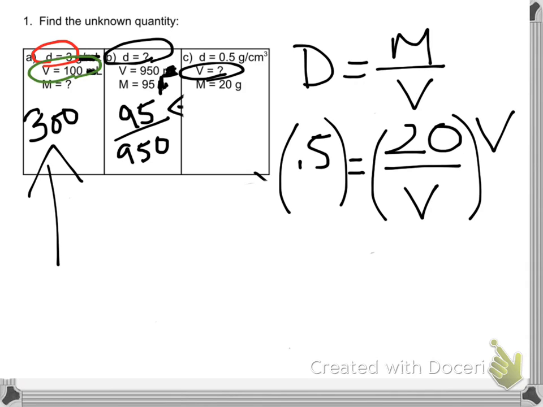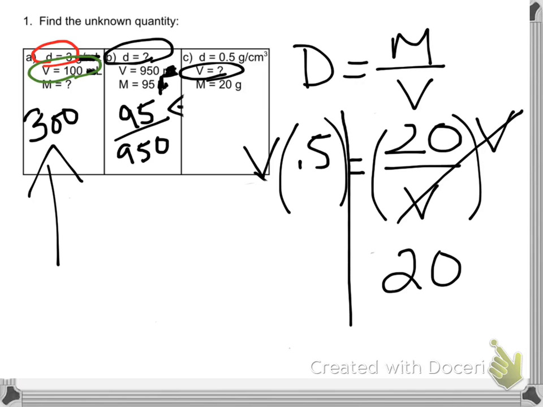This time we're going to multiply by the denominator, absolutely, but it's going to take a double move. Watch. When I multiply by V, the V cancels on this side, 20. Sorry, forgot about that. And then what's V times 0.5? It's 0.5 V. Now my V is on the left side, but the good news is it's not in the denominator, so it's going to be pretty easy to get it by itself.